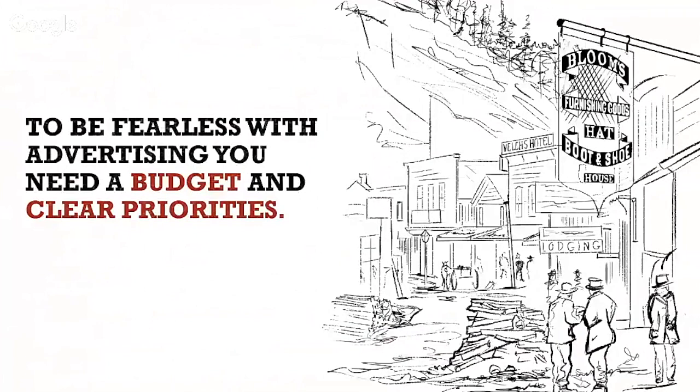To be fearless with advertising, you need a budget, clear priorities. I'm gonna talk more about it here at the end of this session, go into implementation. But you definitely need a budget and you need clear priorities, the things that we've discussed here today. You need to pick your products, define them with priorities, and not what you want to sell, not what you need to sell, but what the data says you should be selling.